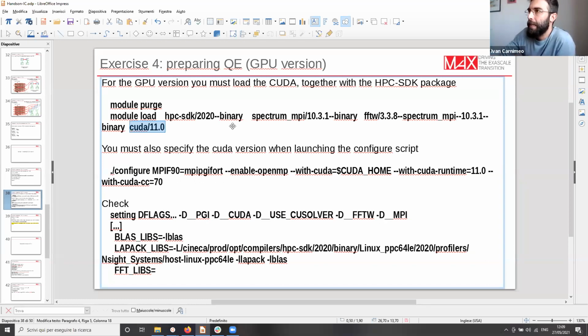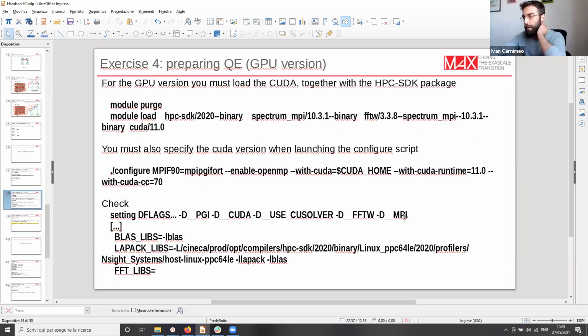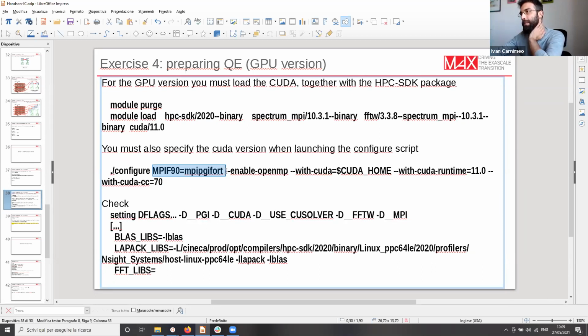So once you have loaded these module files, you can run configure. And we see that in this case the configure command is a bit more complex. We still have the PGI Fortran, basically telling it to use the Fortran compiler, but here we also enable OpenMP, which we did not do before. And we are specifying that we are using CUDA, CUDA 11.0, because this is the module that we loaded here.